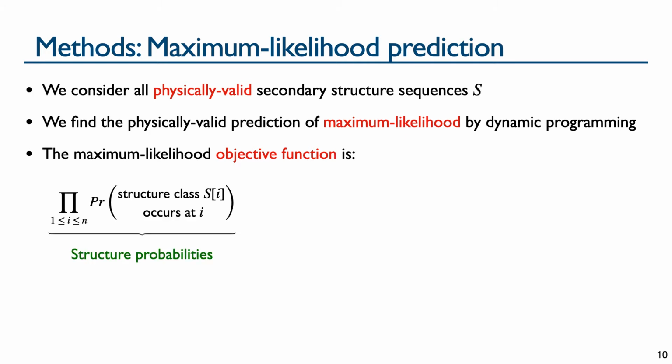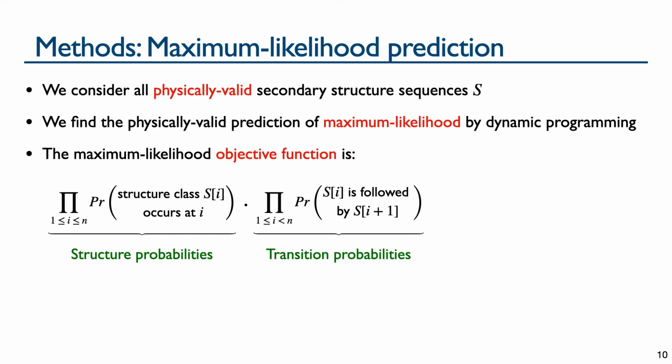The function has the form of a product, where the first factors in the product come from the structure probabilities previously calculated. For a protein sequence of length n, there are n factors, one for each residue position in the protein. This factor is the probability that the predicted state in S occurs at that residue.